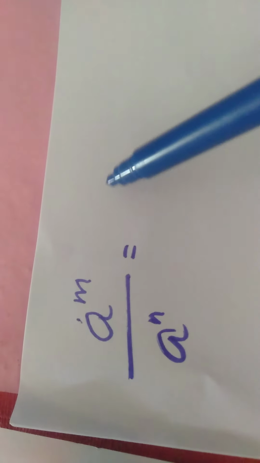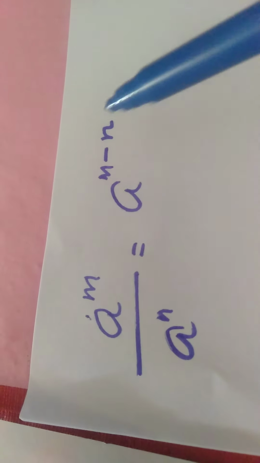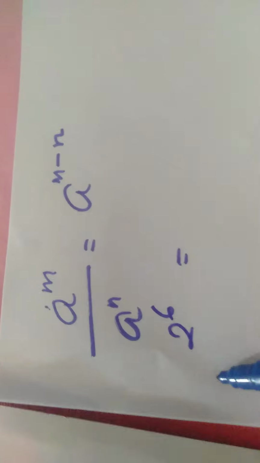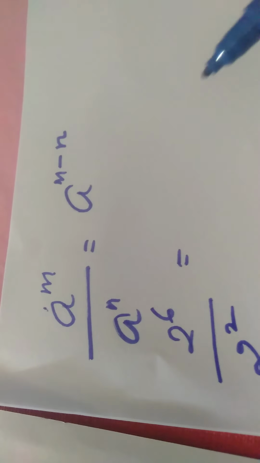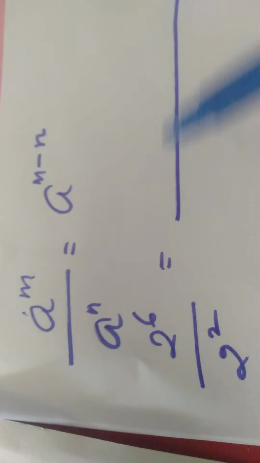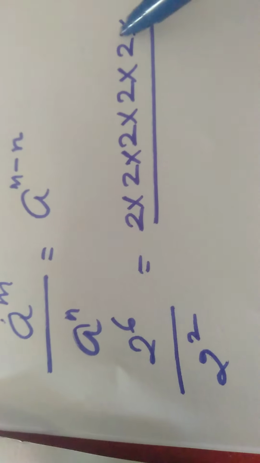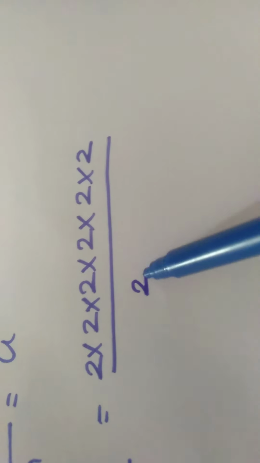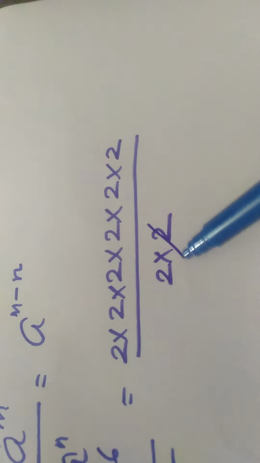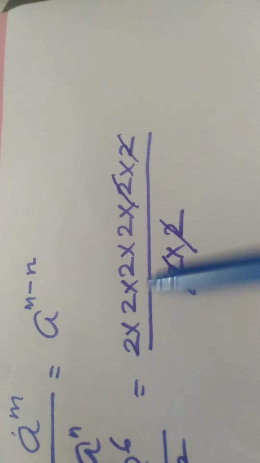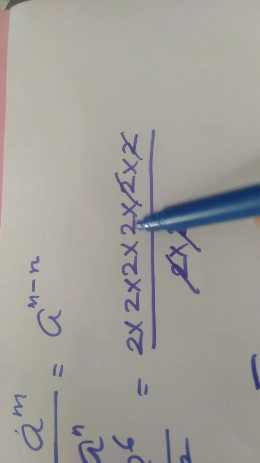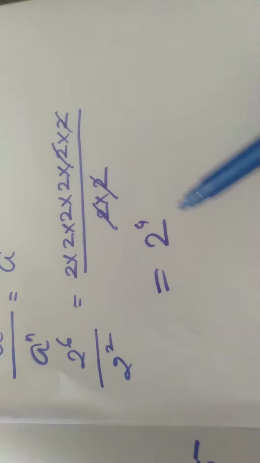The second one, a to the power m upon a to the power n is a to the power m minus n. Now let us take the example. Suppose 2 to the power 6 upon 2 to the power 2. Now we write this as 2 multiplied 6 times, 1, 2, 3, 4, 5 and 6, upon 2 into 2. Now we can cancel the common terms. What you get is 1, 2, 3, 4, that is 2 multiplied to itself 4 times.